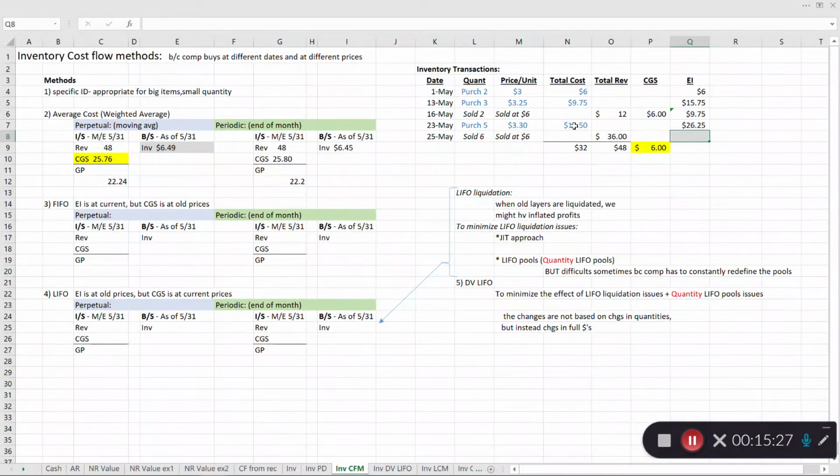And we come across the same issue again. If I sell 6 here, how am I going to cost them out? Well, this layer still has 3 units, so you're going to have to cost out these first in at 325. So 3 at 325, and then the remaining 3 are going to be at 330. That's your cost of goods sold.